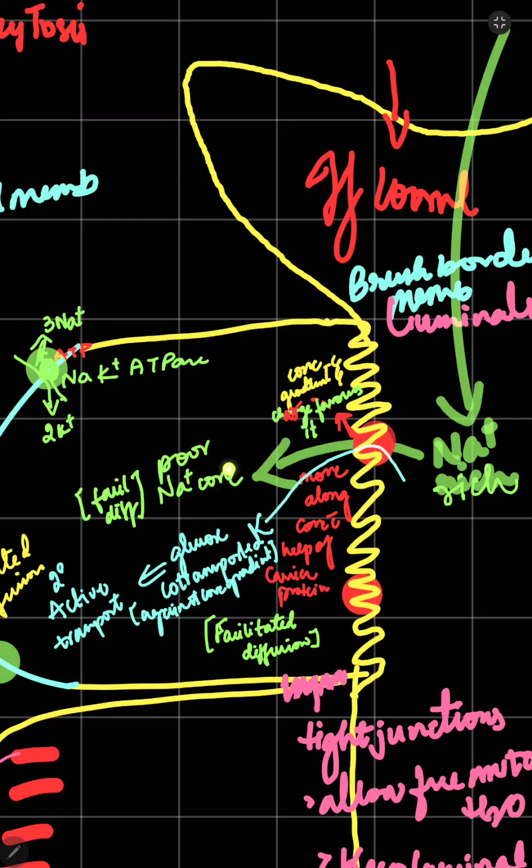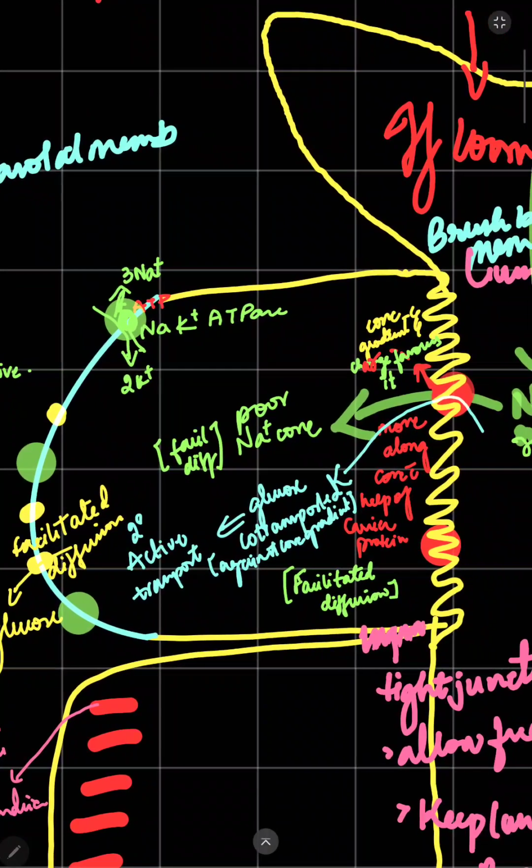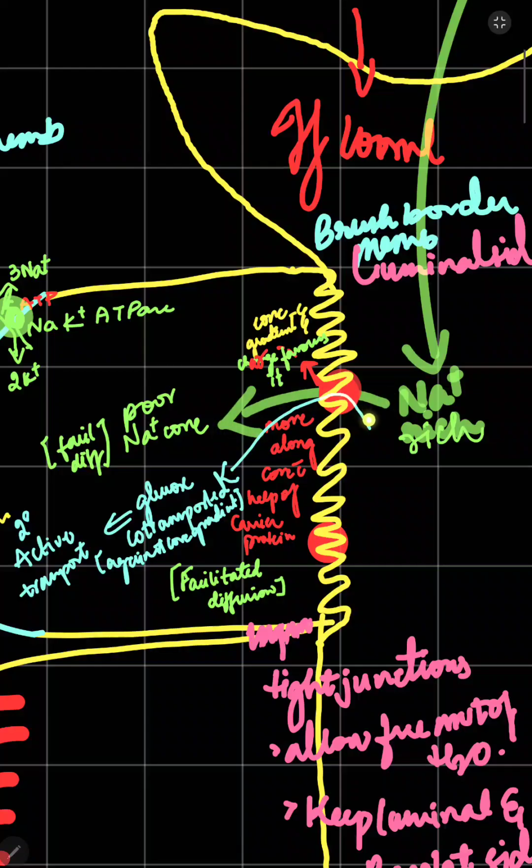Sodium moves by facilitated diffusion due to the concentration gradient, and glucose enters through this transporter by secondary active transport. And when the potassium enters in, there are a few potassium leaky channels through which potassium leaks out, and that is the reason it creates an electronegativity inside the cell, which also pulls the sodium inside. So sodium moves inside due to the concentration gradient and the electrical gradient as well.